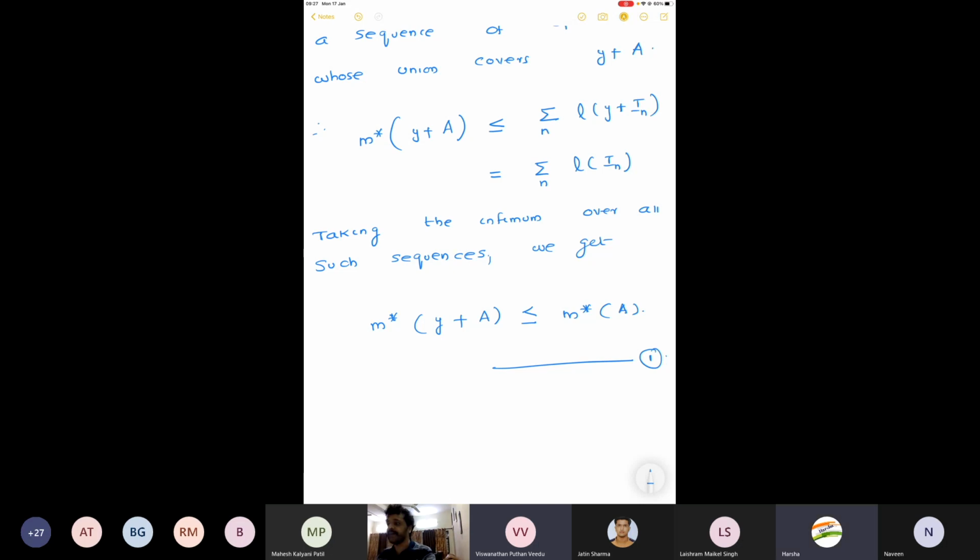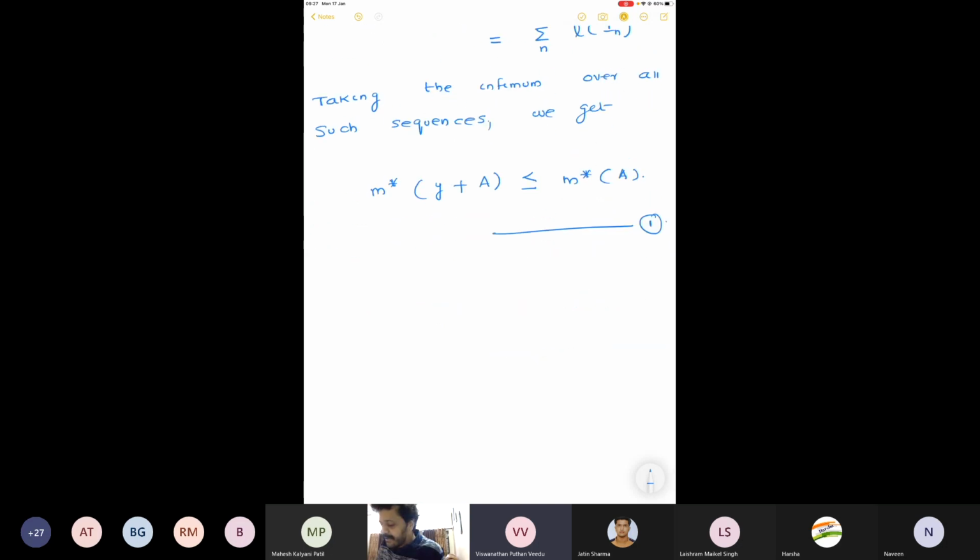Can I get A from y plus A by translation? By minus y. Yes, how? Take minus y, right? Note that I want to recover A from y plus A by translation. Note that A is y plus A plus the number minus y.